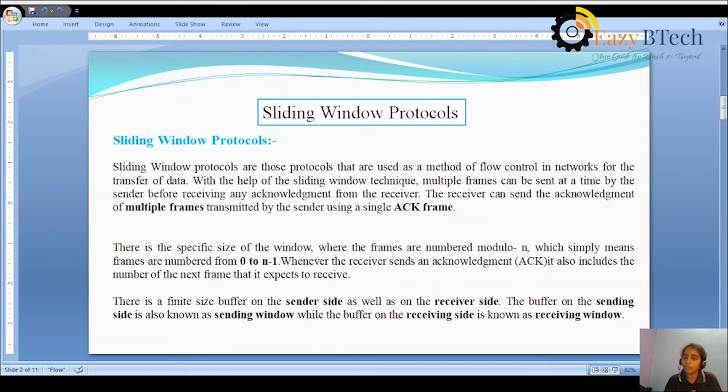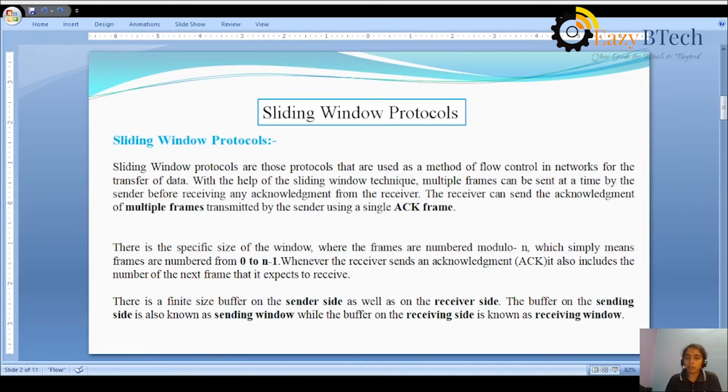Listen clearly: the window will contain n bits and the frames are 0 to n minus 1. When the receiver gives an acknowledgement frame for the multiple frames it received from the sender, it also includes the number of the next frame that it wants to receive. This is the concept of sliding window.